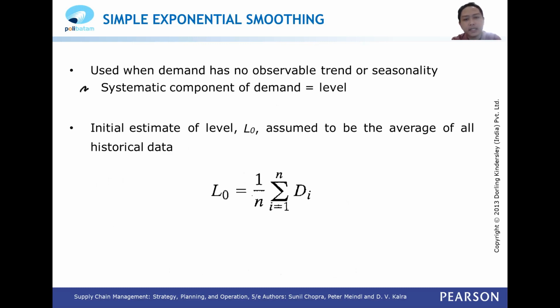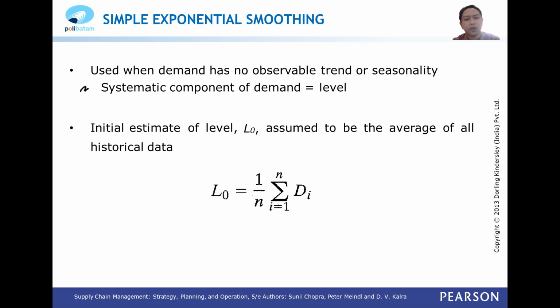And the second method is simple exponential smoothing. This method is used when the historical demand data has no trend and no seasonality, so that we can formulate the systematic component of the demand as equal to the level. The calculation is also the same as the moving average method.